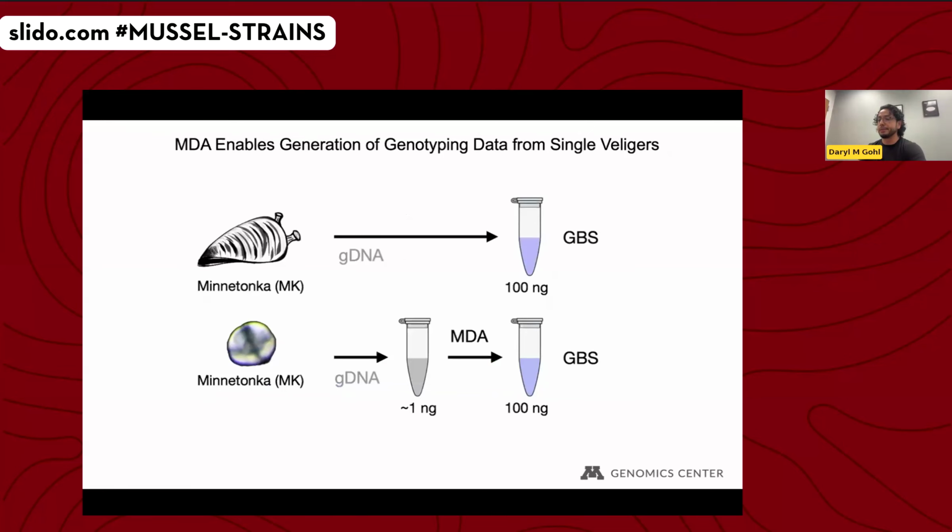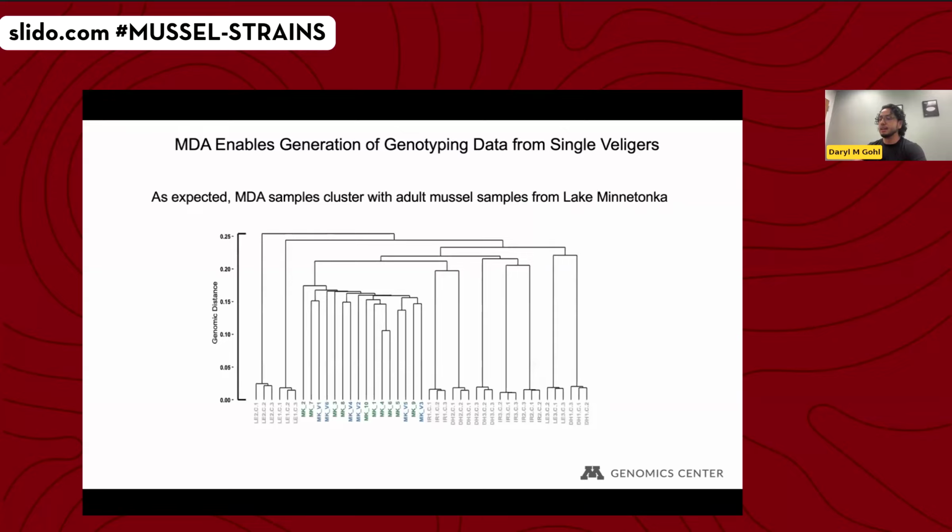And so we assessed this with actual veligers from Minnetonka, and we used adults from the same location as a reference population. And as expected, the MDA treatment didn't affect the sequencing quality. We were able to estimate the genomic distance between the control groups and the treated populations.